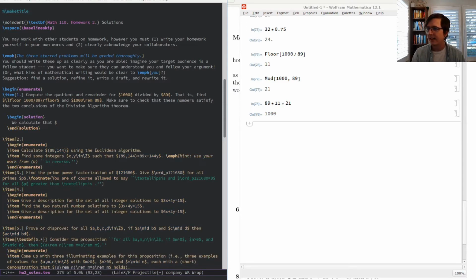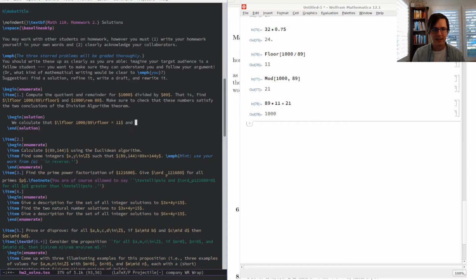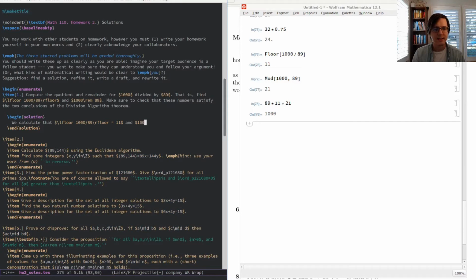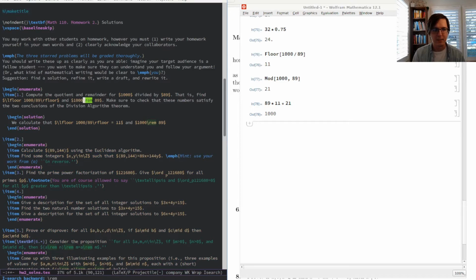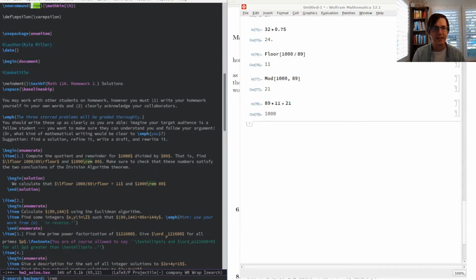so we calculate that floor of 1,000 over 89 equals 11, and 1,000 remainder 89. And remainder, by the way, is a command I created, if you like doing LaTeX.